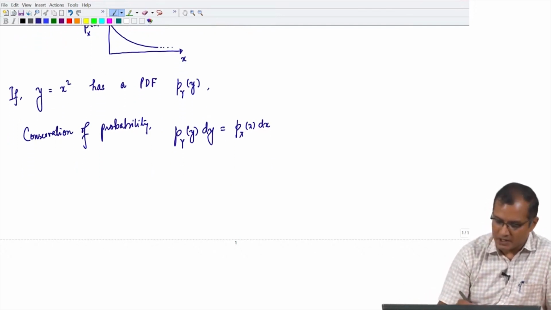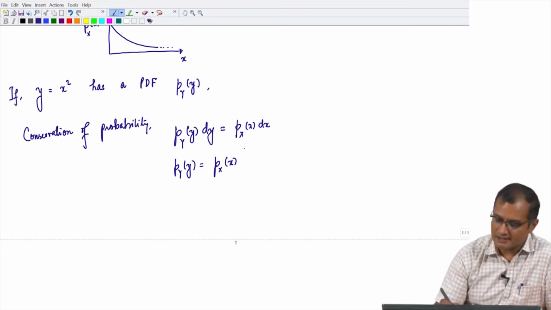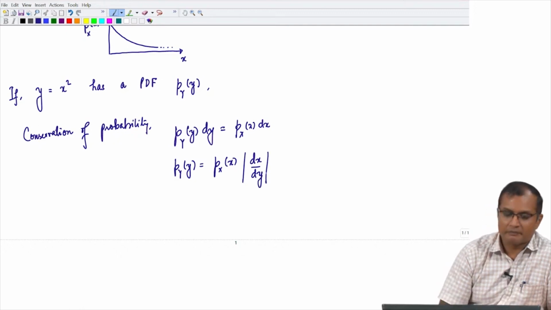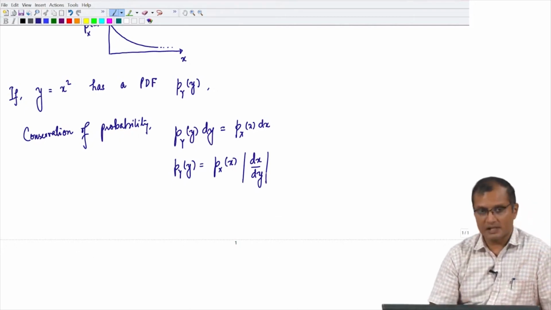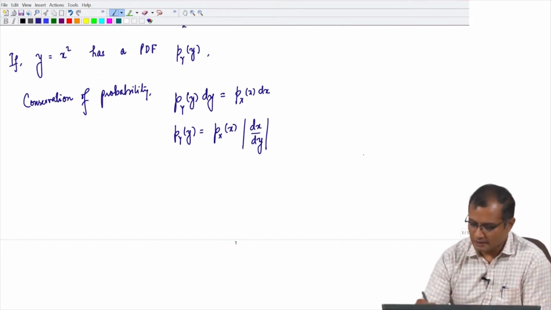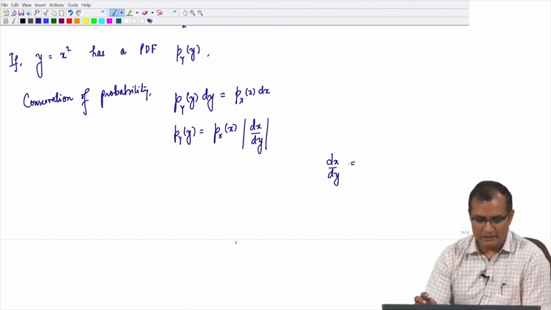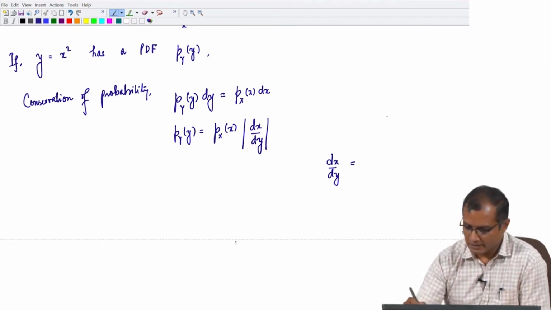Okay. And by our previous logic, our p of y is nothing but the probability as a function of x into the Jacobian, which is dx over dy. Now, for the equation y equal to x square, we can compute this derivative. I can write down dx over dy as simply, I can take the derivative on both sides with respect to y.